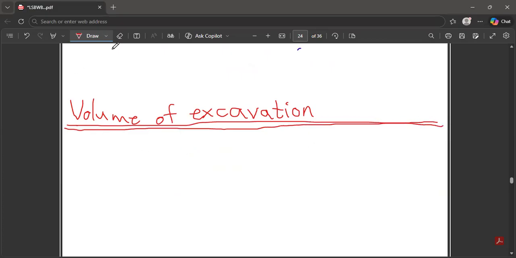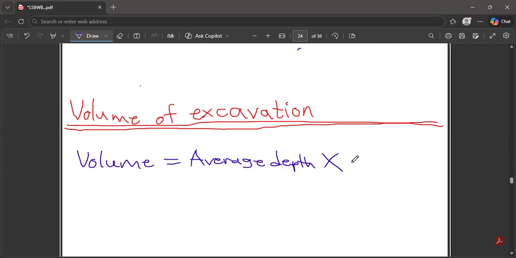The volume of our excavation is equal to average depth times area.